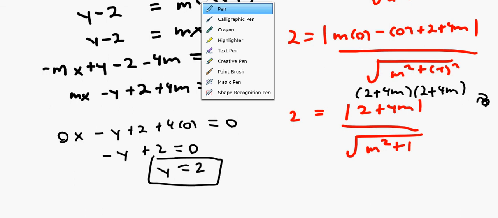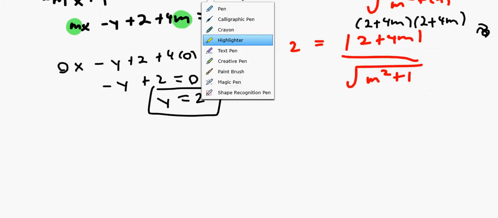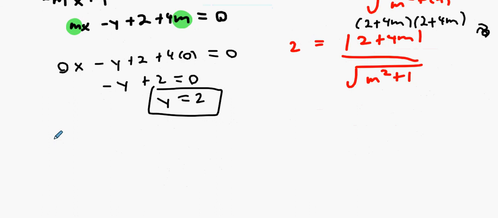Next one I'm going to get m as minus 4 over 3. So what do we replace in here instead? Minus 4 over 3 x minus y plus 2. What's 4 times minus 4 over 3?